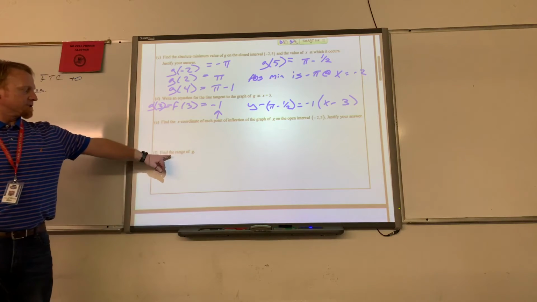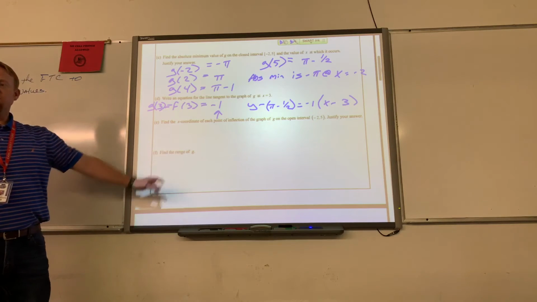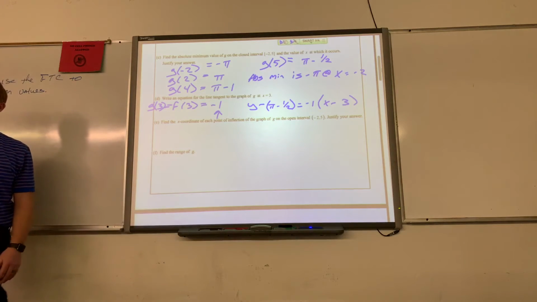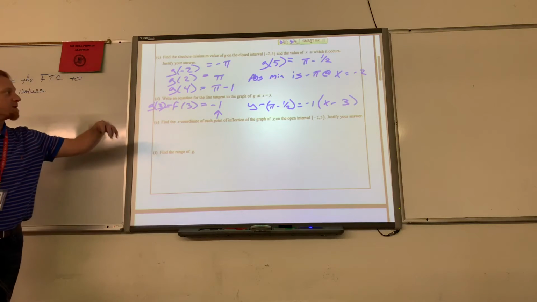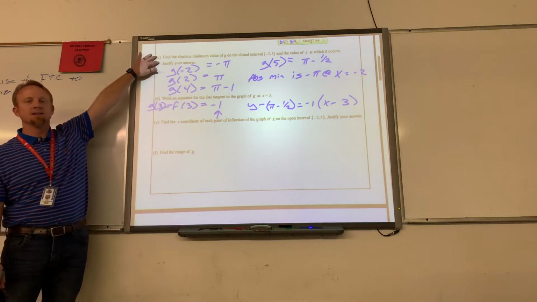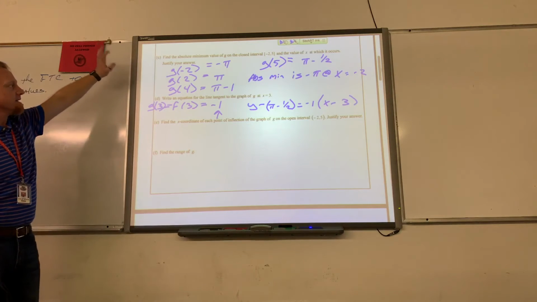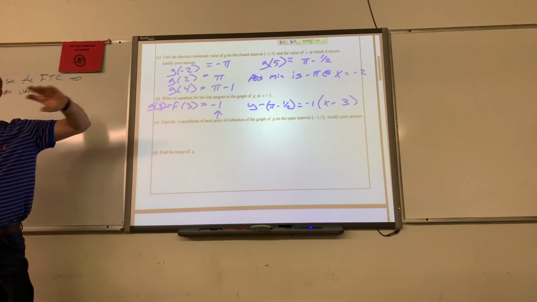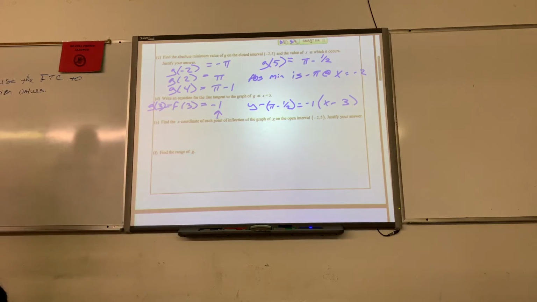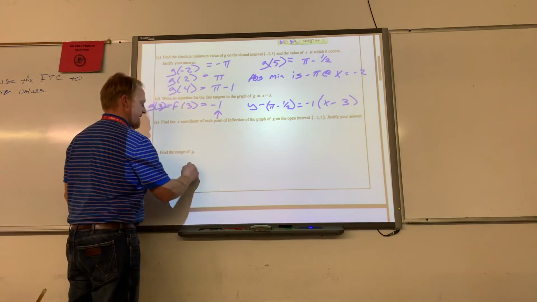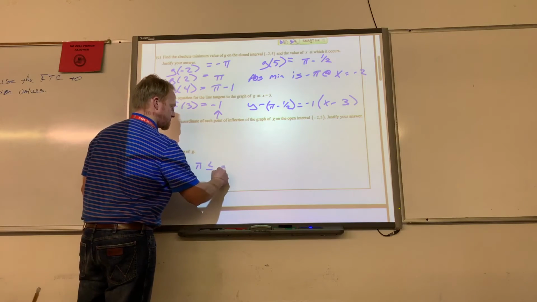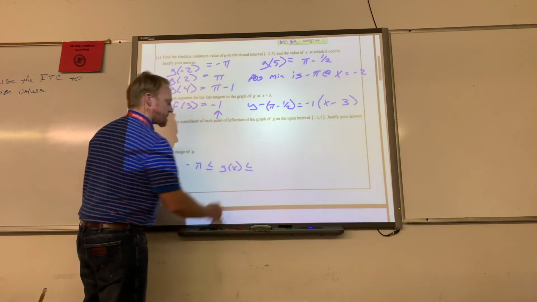All right. Range. What is it asking for on range? What is it wanting to know? Y values. What's the smallest one? What's the biggest one? So all I have to do is go back to C, and all the information I need should be in C. What's my biggest y value? What's my smallest y value? We already said the smallest was -pi.